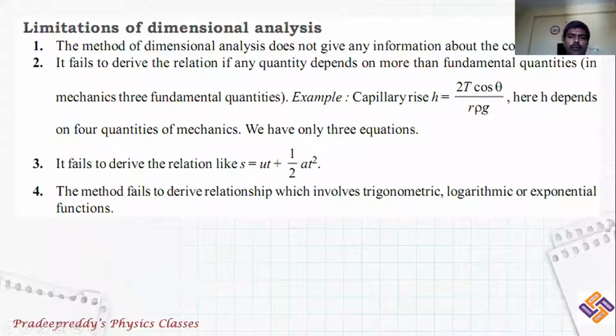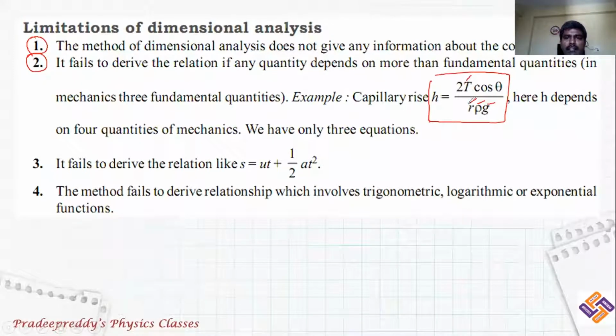Right? So limitations also you should keep in your mind when you are dealing with dimensional formulas. All these 4 limitations are important. We will use them in solving problems. First one is we do not get any information regarding constants. Number 2, we cannot derive a physical quantity where more than 3 physical quantities are involved in that equation, just like here: 1, 2, 3, 4. h is depending on 4 quantities.